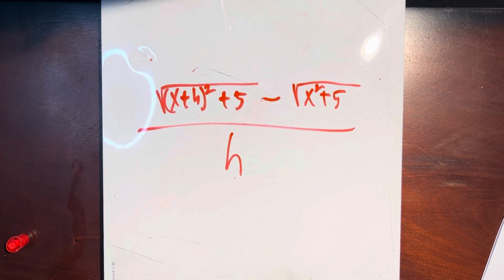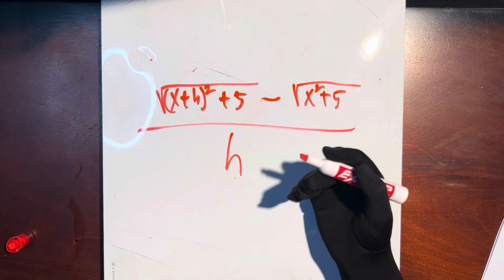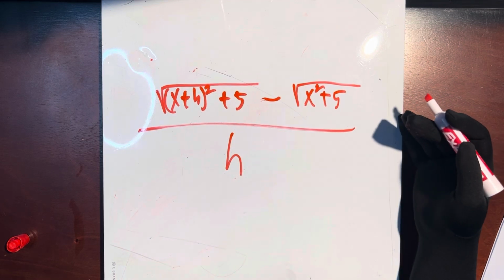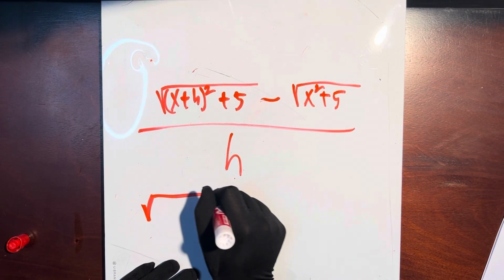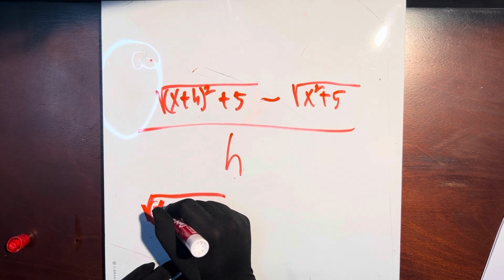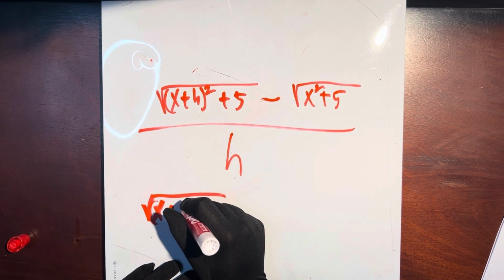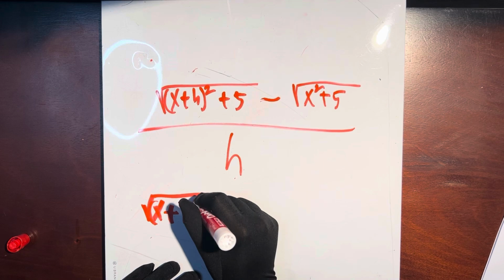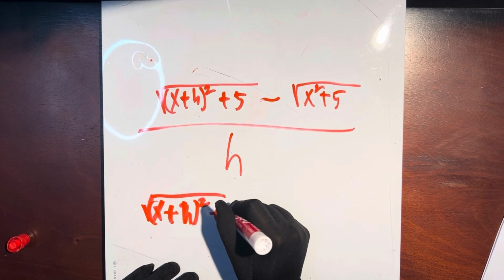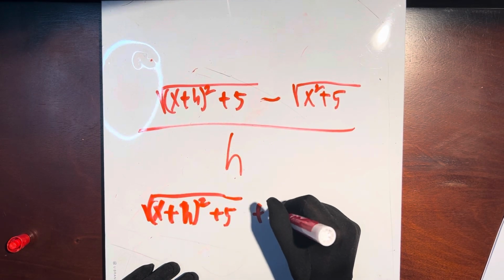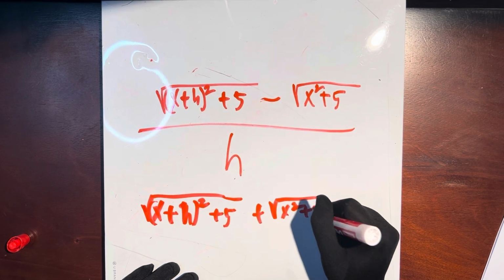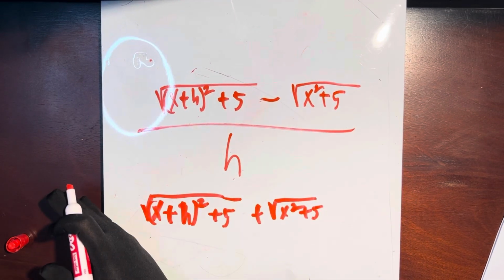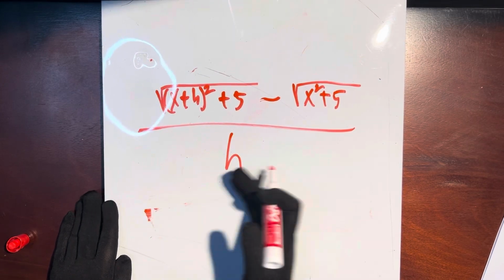Now, on the side, you would multiply it by the conjugate. For this one, it's the square root of (x plus h) squared plus 5, plus the square root of x squared plus 5. You would conjugate that through and get our goal.